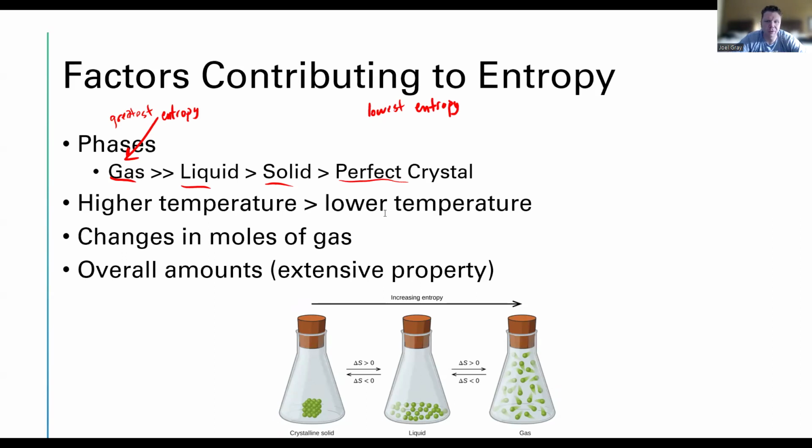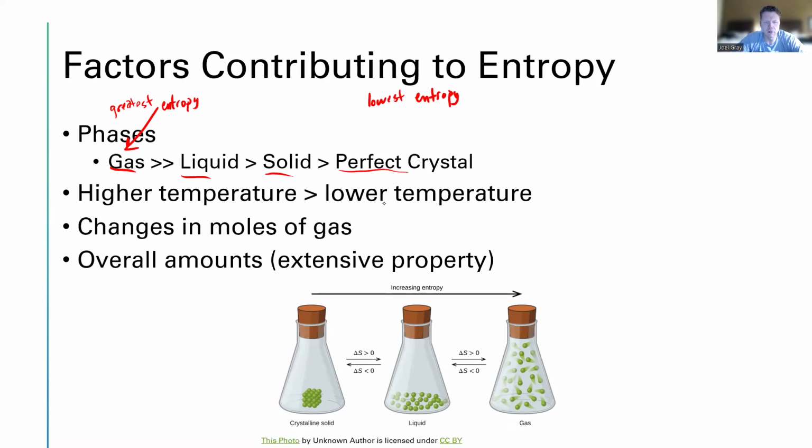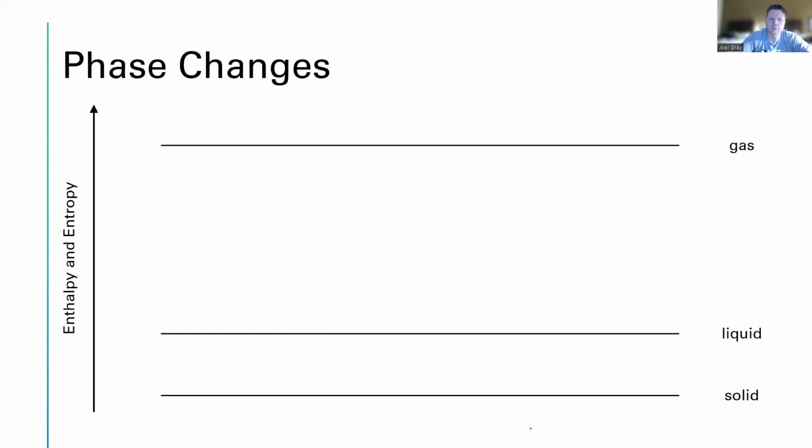Then overall amounts. Well, extensive properties are dependent on the size or extent of the system and are additive for separate systems. So we have our entropy increase from our crystalline solid to a liquid to a gas.